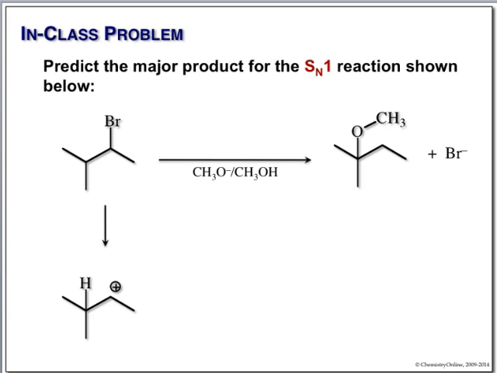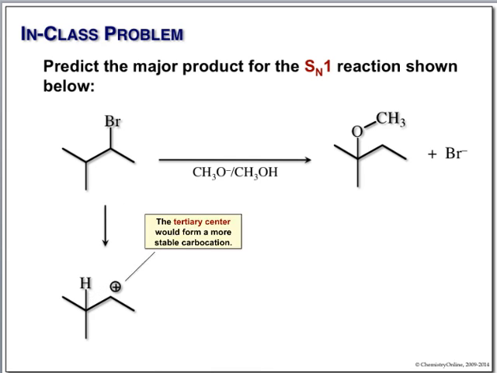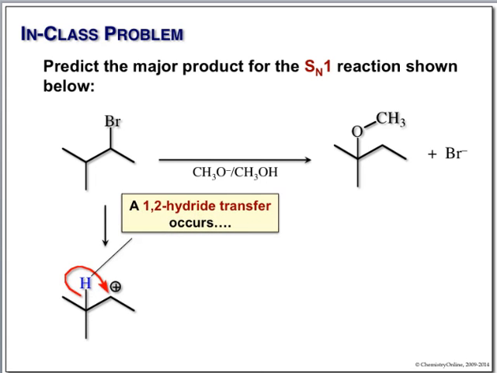We're going to move this hydrogen with its pair of electrons from the tertiary center to the secondary. There it goes. 1,2 hydride shift. We now have the tertiary carbocation, and that's what methoxide adds to.